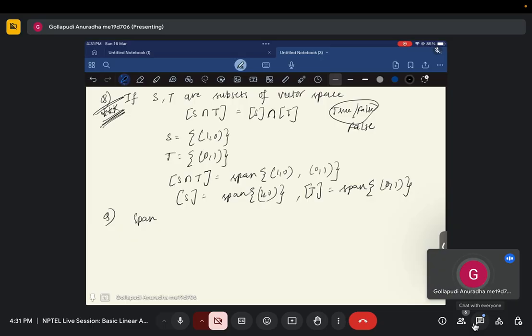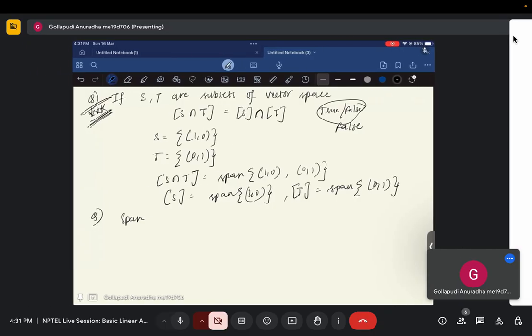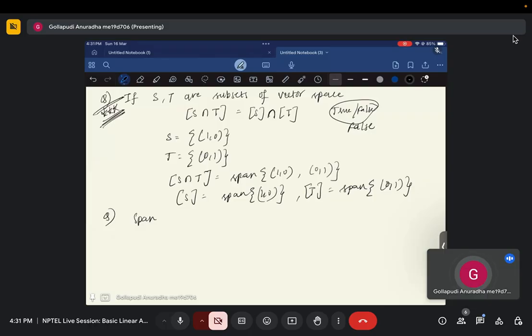You're trying to say something, Shahid? There will be something to check. Intersection is, yeah, there will be something. Right now I'm not able to think about examples to say this.